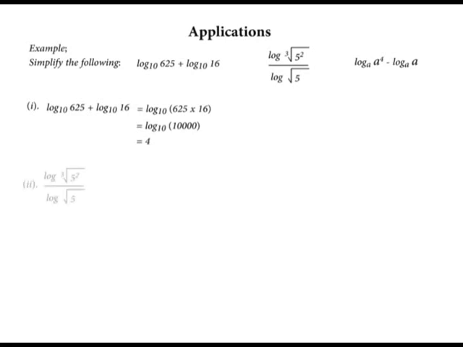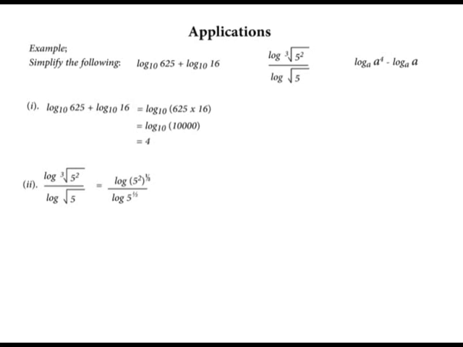Number 2, log of cube root of 5 squared over the log of square root of 5. This is equal to log of 5 squared raised to power 1 over 3, since cube root is the same as index of 1 over 3, over log of 5 raised to power half. Power half means square root.